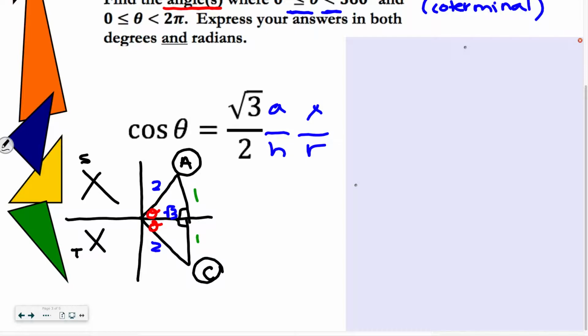Yeah, instead of square root of 3. What is the square root of 3? Why is it bigger than 1? How can you know the square root of 3 is bigger than 1?